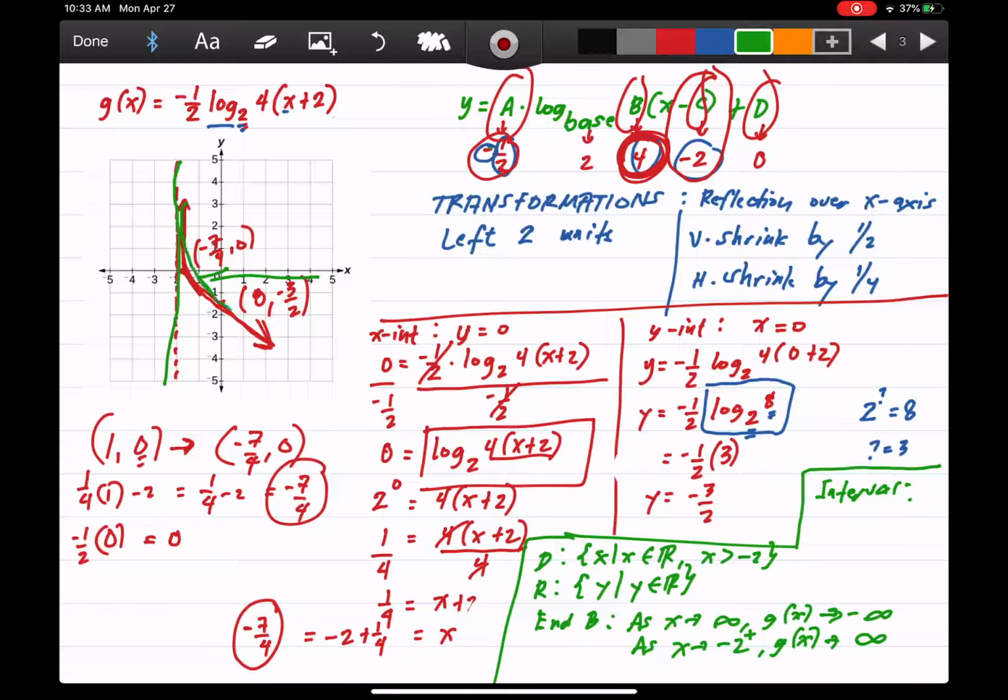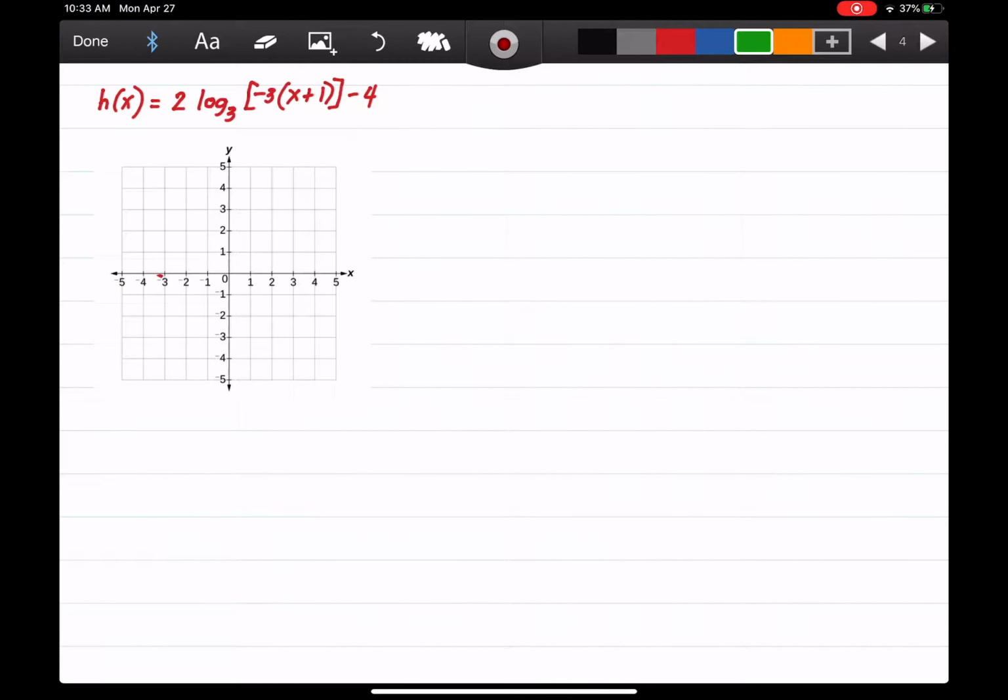So from negative 2 to positive infinity, the graph is decreasing. Okay? Next example. I still have one more.